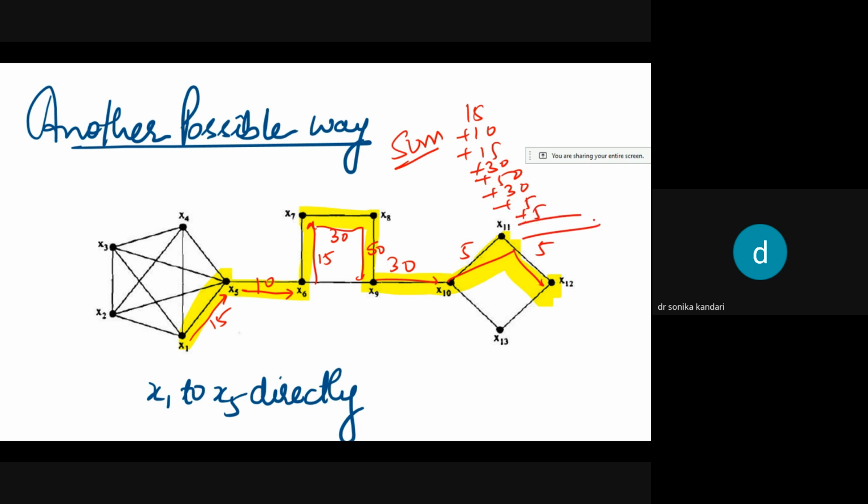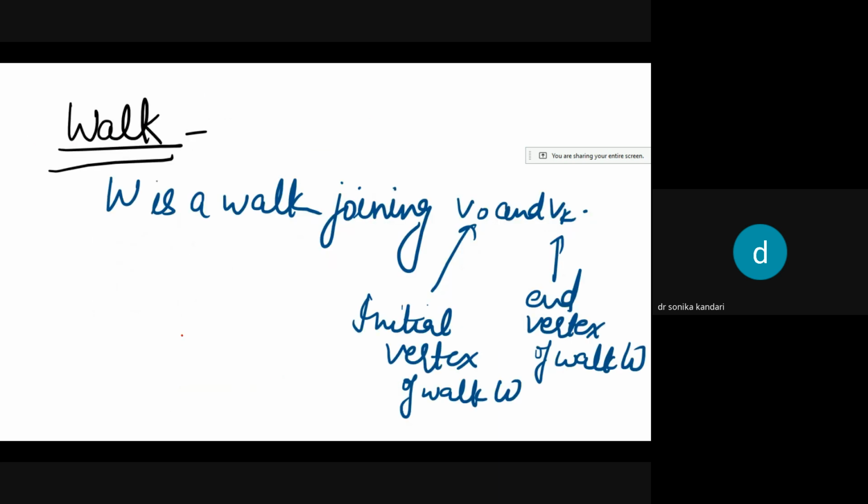Now, if you select any other path, then you need to add those weights. So this is a path. Is it clear?